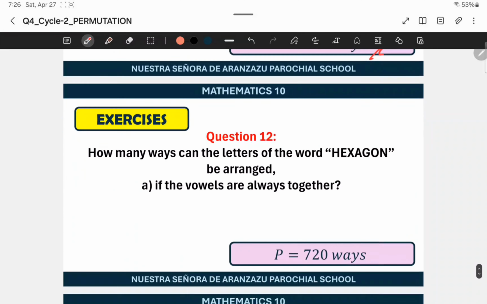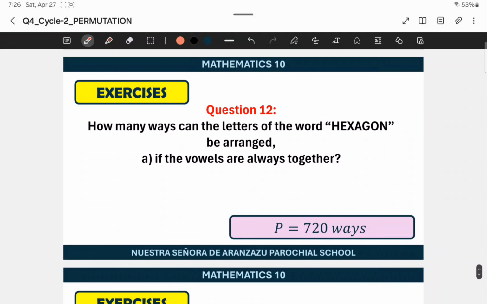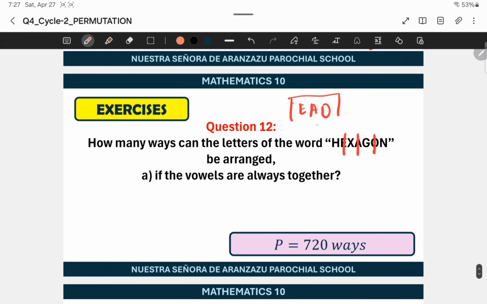Okay, next. How many ways can the letters of the word hexagon be arranged if the vowels are always together? So, bilangin yung vowels. So, that is E, A, O. You have 3. So, pag-iisahin natin yung E, A, O. Then, you still have a letter H, X, G, and N. So, ilang arrangement yung kailangan natin buuin?